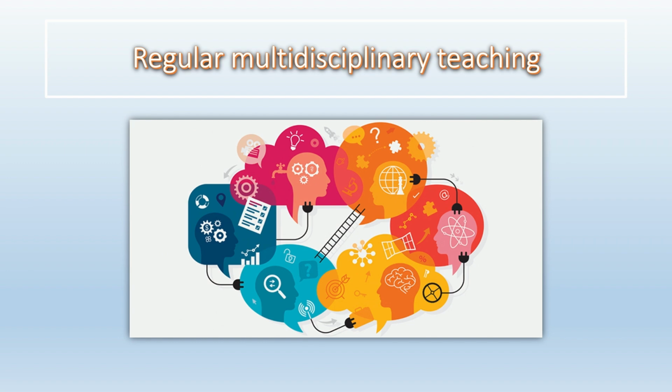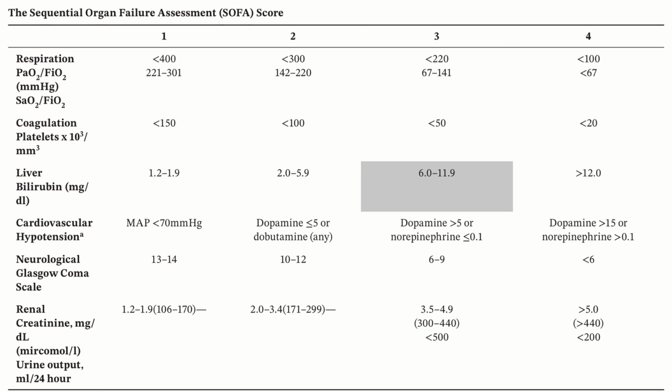And here we have the sequential organ failure assessment score, that is the SOFA score, which includes the different parameters for the respiration, coagulation, liver or bilirubin, and the cardiovascular features, neurological features according to Glasgow Coma scales, and the renal features in which we measure the serum creatinine level and we give score accordingly. So this is called the SOFA score.